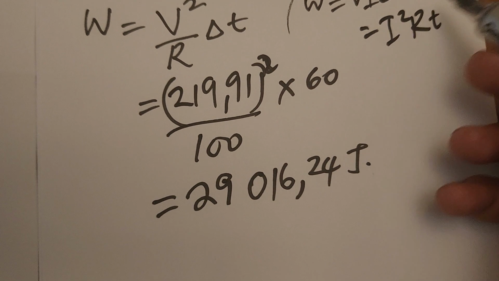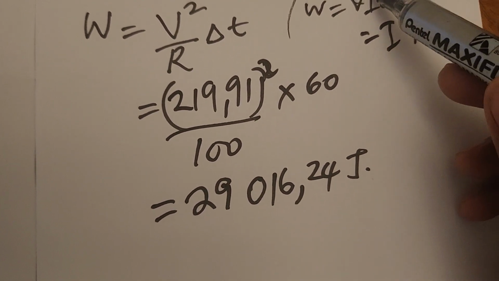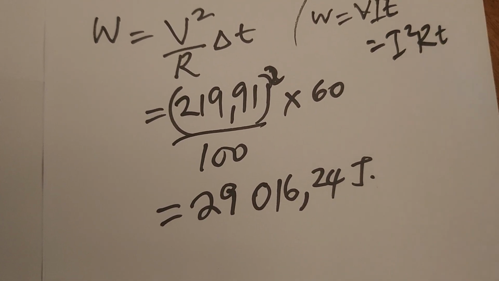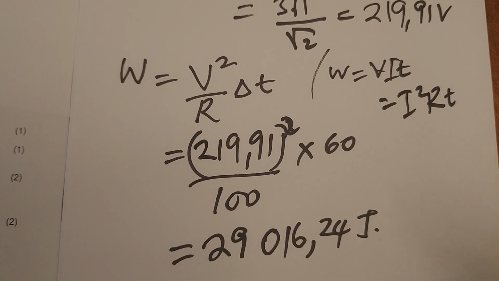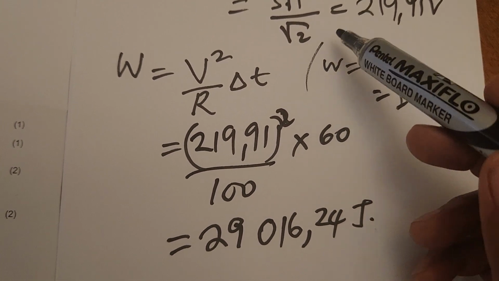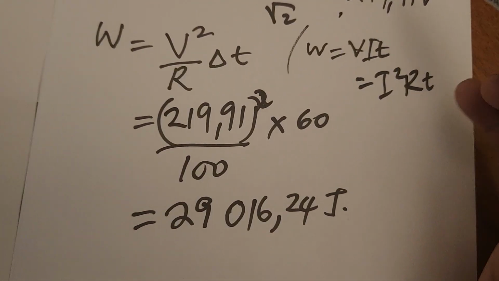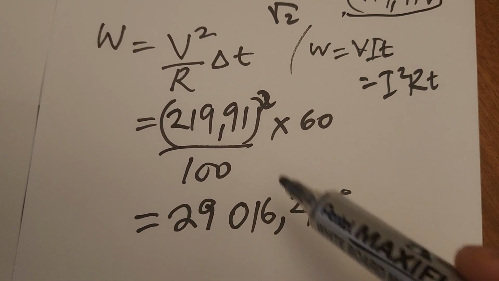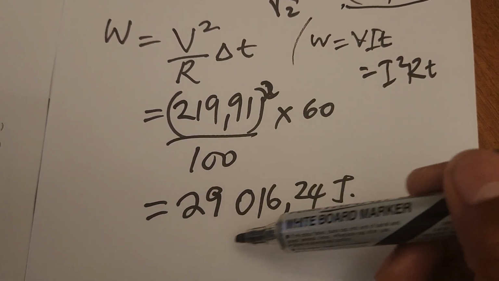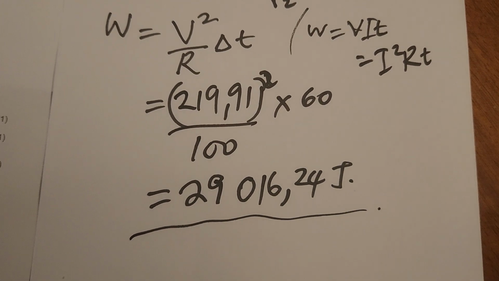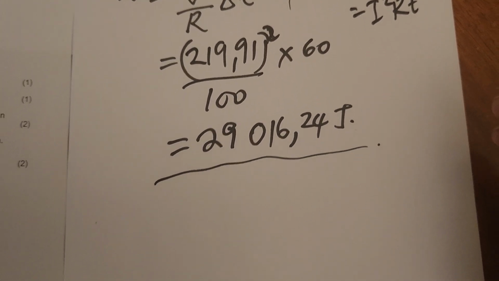So if you use any of these, you have to find the current first. This is one of the sections that has many options, but the easiest one will be going for the VRMS first. After VRMS, then you just use this formula. V and R are there, then you can use this to find the energy. You get all the 5 marks here.